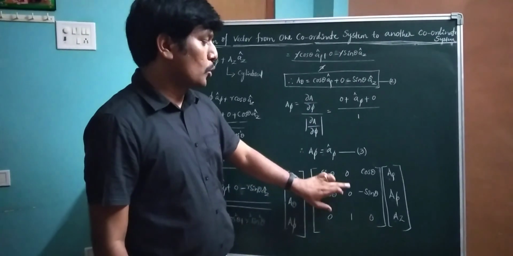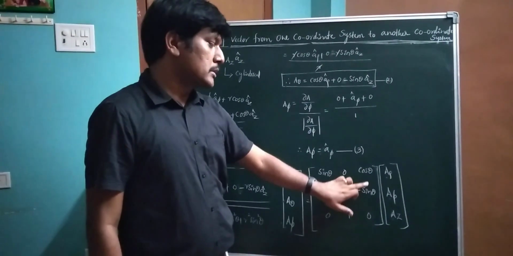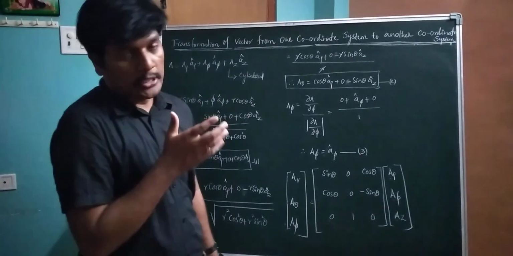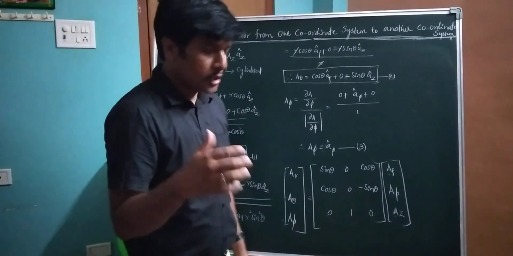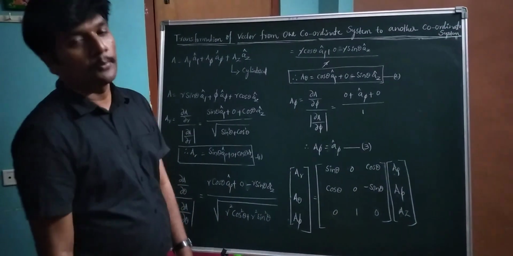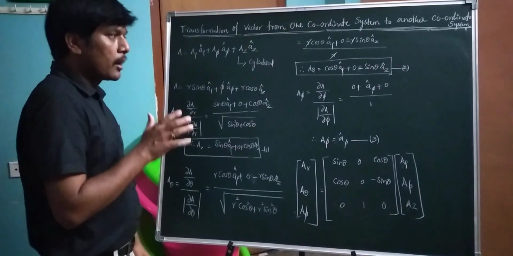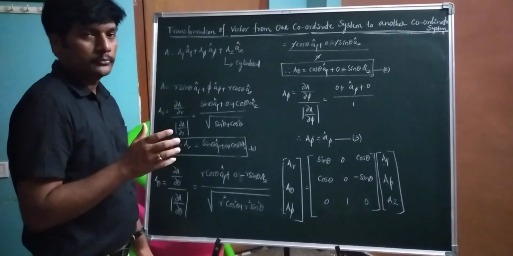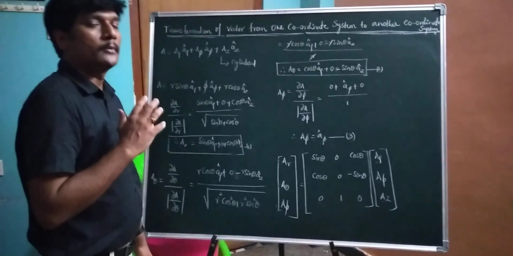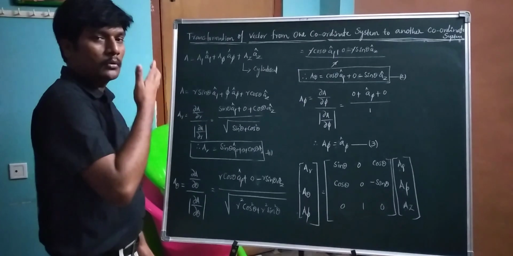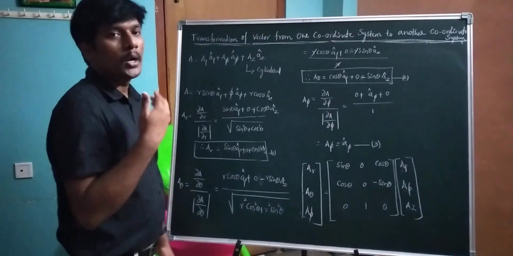Then 0, 0, 1. Next cos theta, minus sin theta, 0. These are the three rows respectively, if you want to map a rho, a pi, a z in terms of a r, a theta, a pi. So this is about how the vectors can be mapped, how the vectors can be transformed from one coordinate system to another.